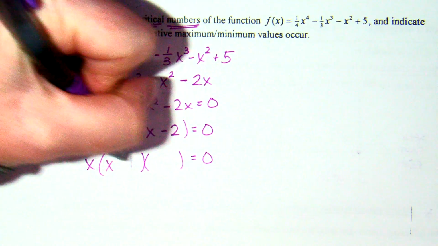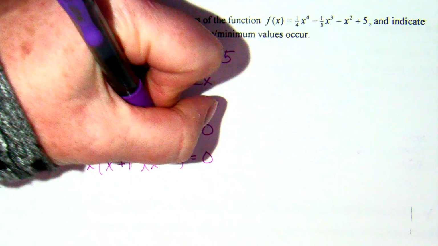X squared becomes x and x. What numbers you got for me? -2, +1. Now what?